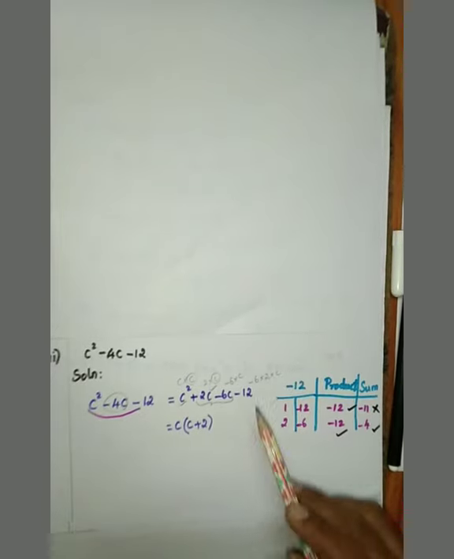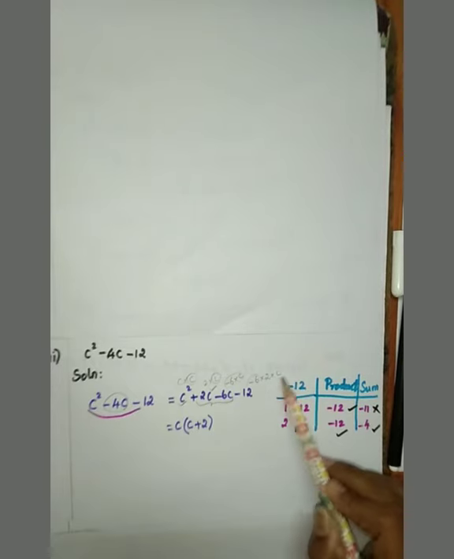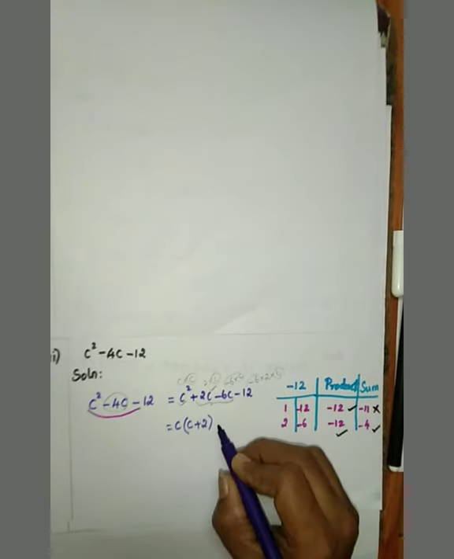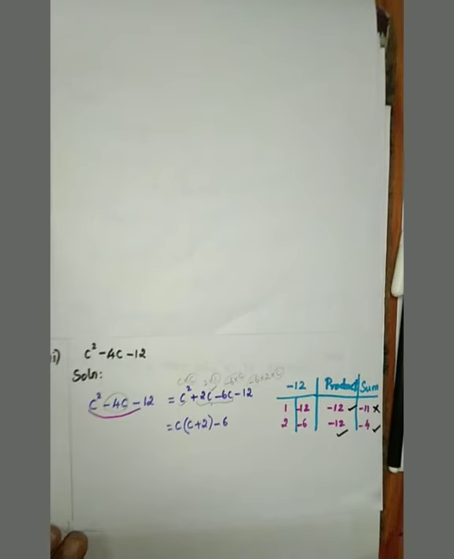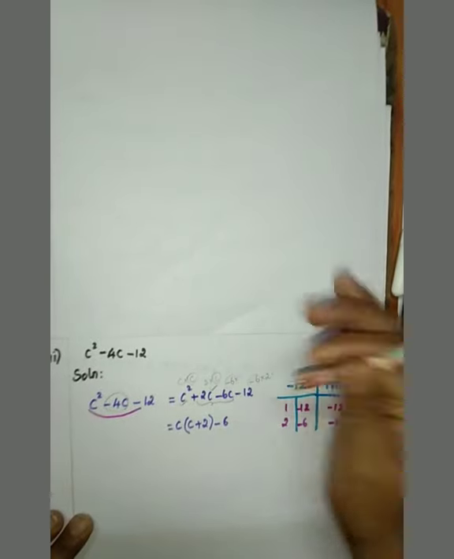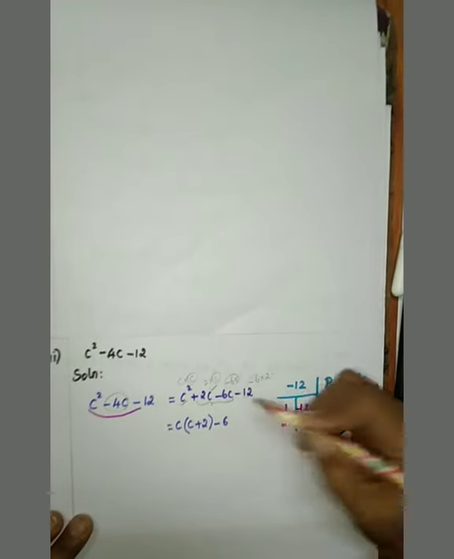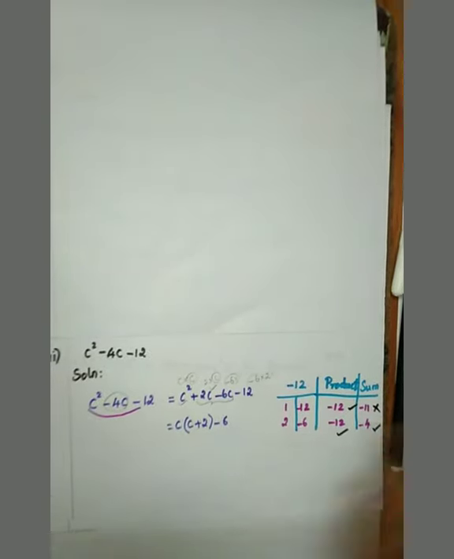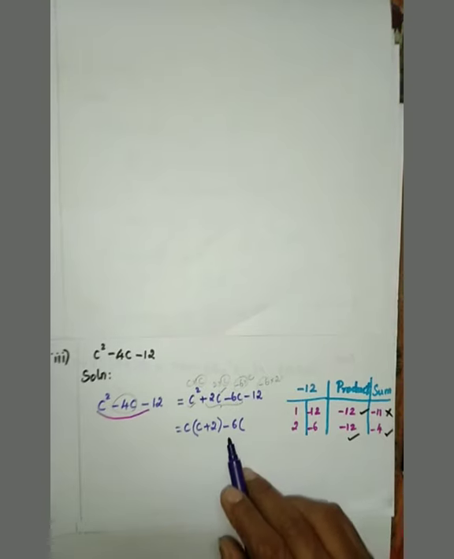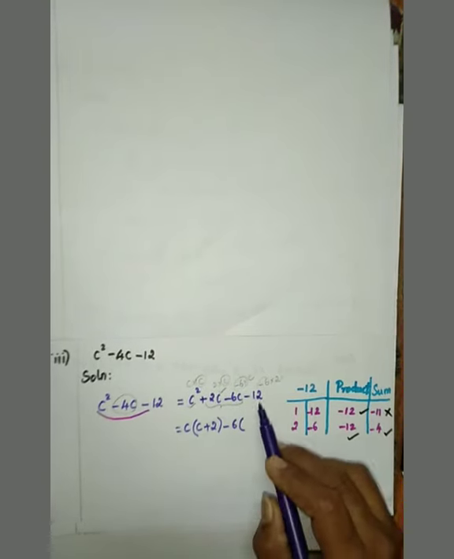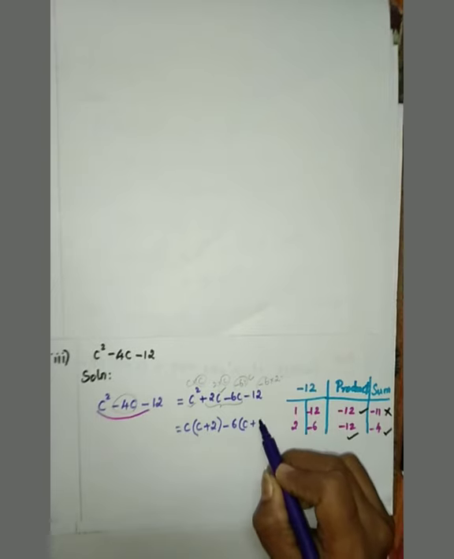Now what are the common factors? Minus 6c is common. So we can take minus 6 outside. Minus 6 is common, so when you are taking minus outside, the remaining terms change into positive. So c plus 2.